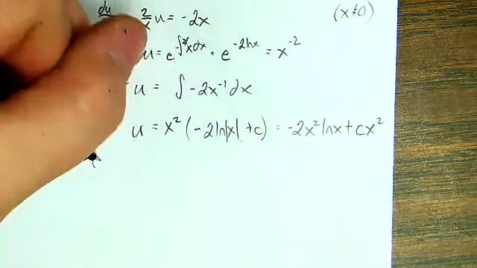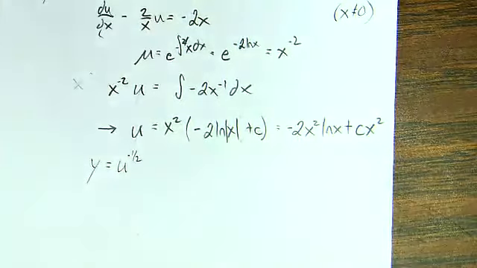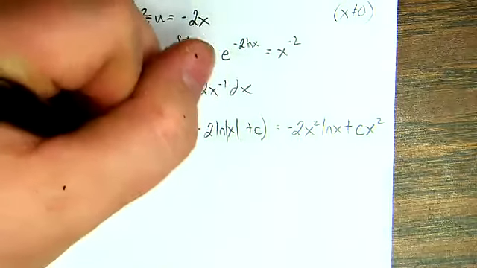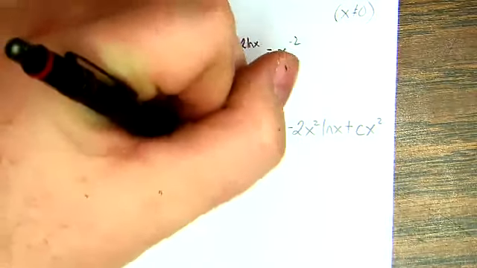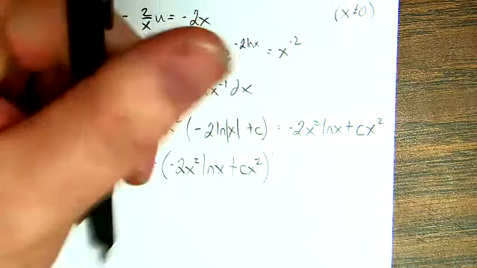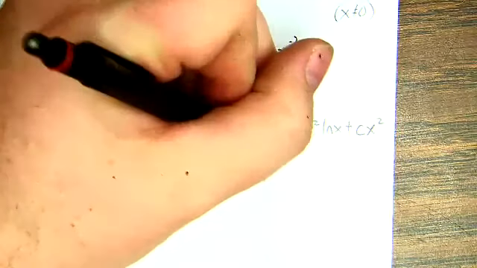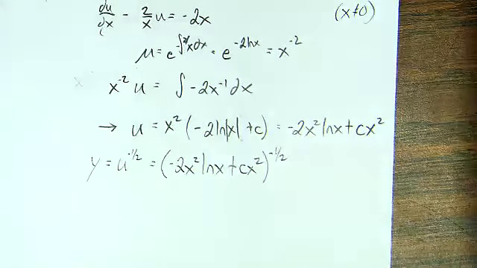Now remembering that y is equal to u to the -1/2 means that y is equal to (-2x squared natural log x plus cx squared) to the -1/2. And we've solved this differential equation.